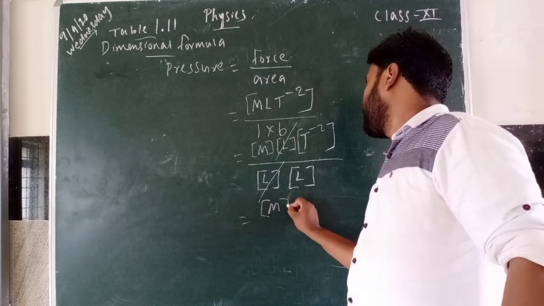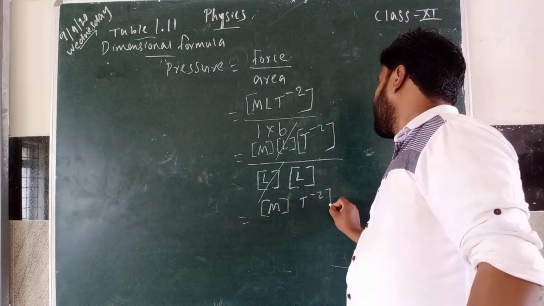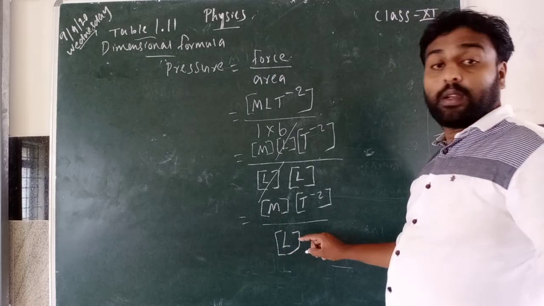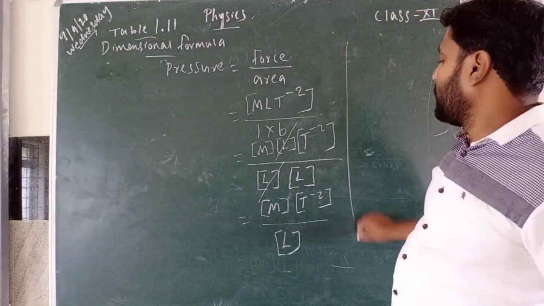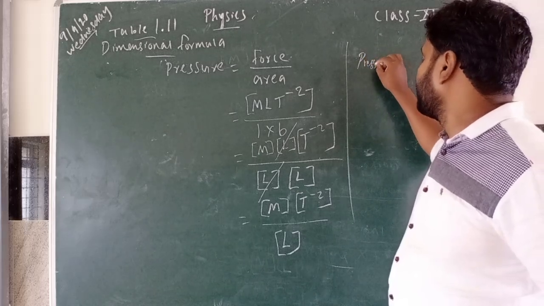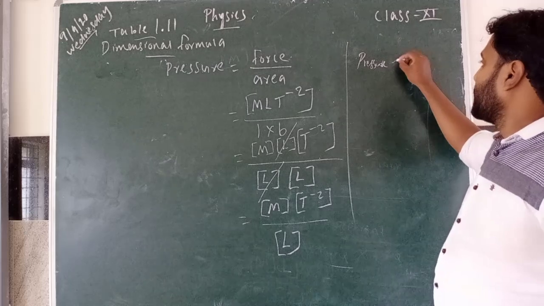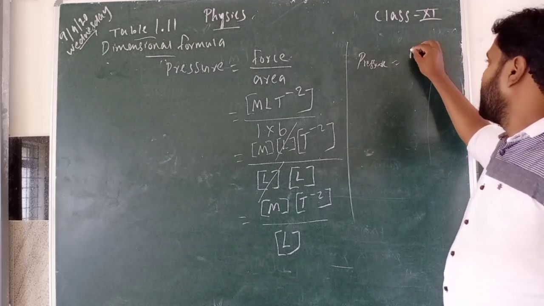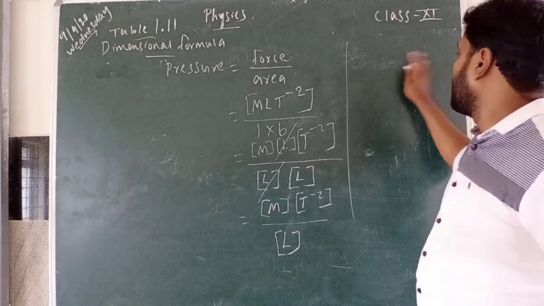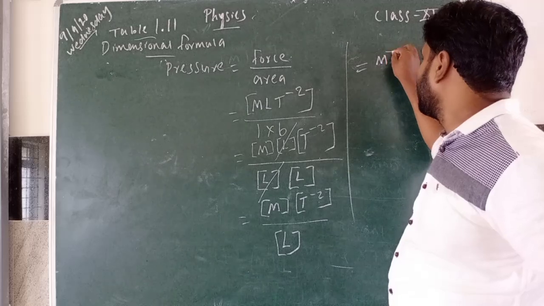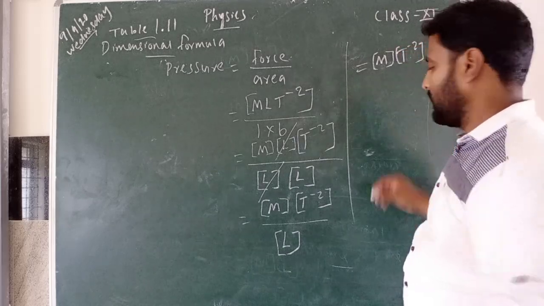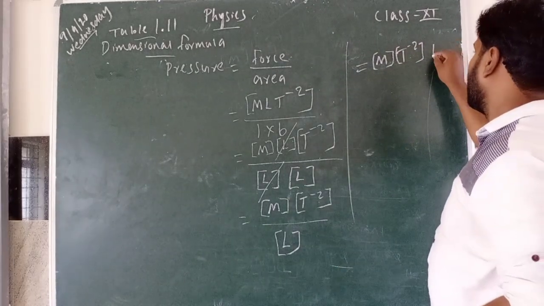M T power minus 2 divided by L. So take this L upside down. So what will come? Pressure equal to M T power minus 2, take this L upside down, so L power minus 1.